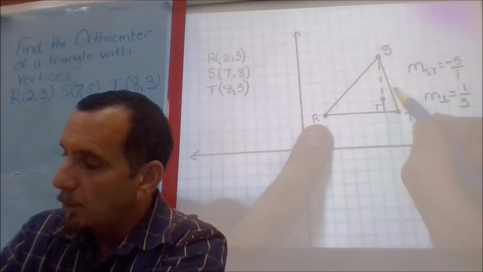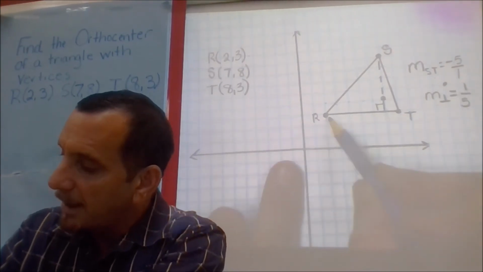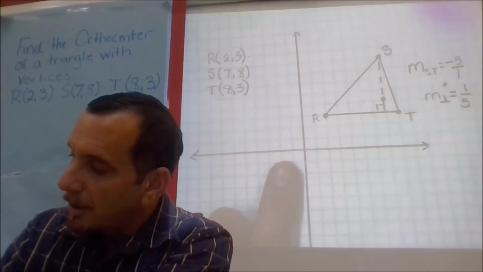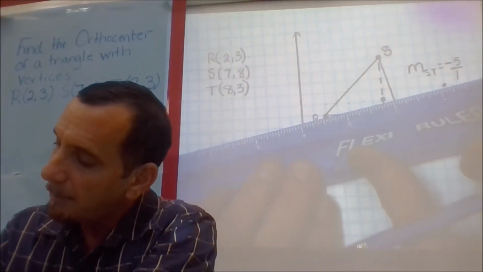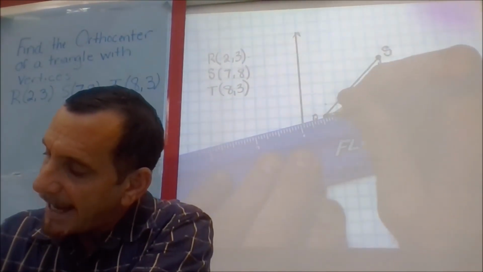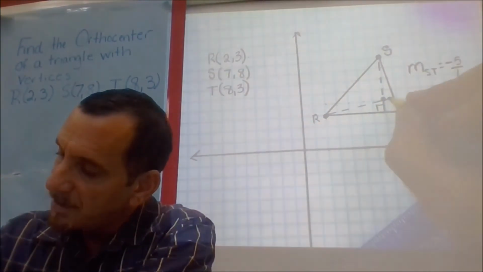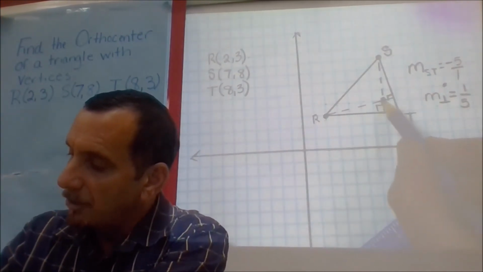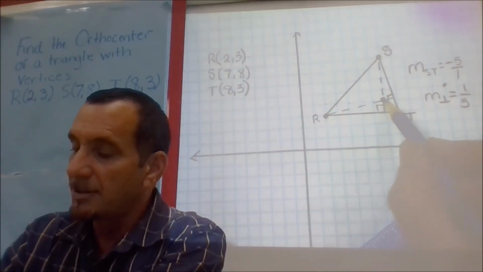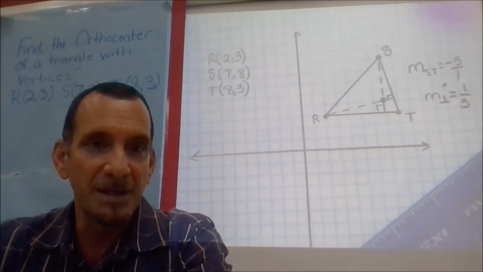Up 1, 1, 2, 3, 4, 5. So I can see that I'm getting this altitude. I'm lining it up. And I'm going to do a dashed line, which is the altitude from R to ST. And look, we already have found the intersection of two altitudes, which is our orthocenter.